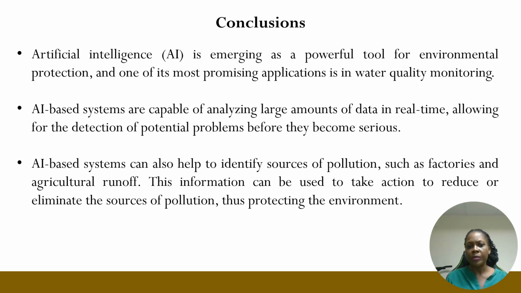However, the implementation of AI-based systems in monitoring nutrient loss from agricultural fields is not without its challenges. Two challenges that I'd like to highlight are: number one, cost. AI systems require significant upfront investments in hardware, software, and data storage.